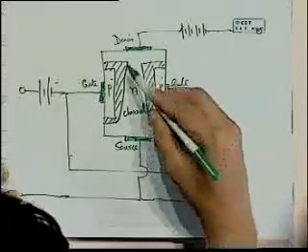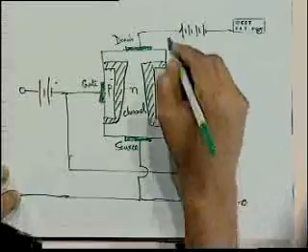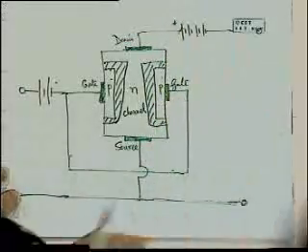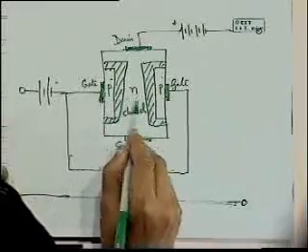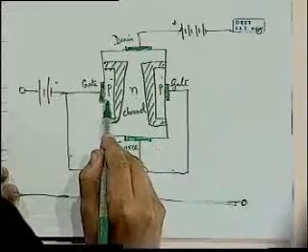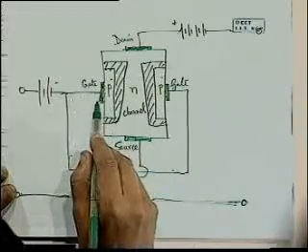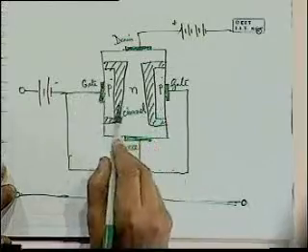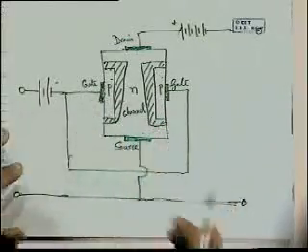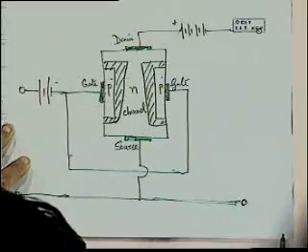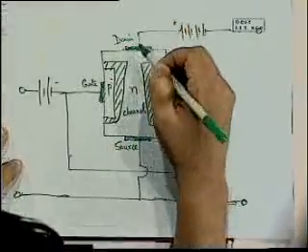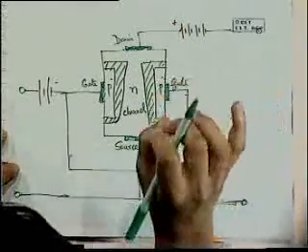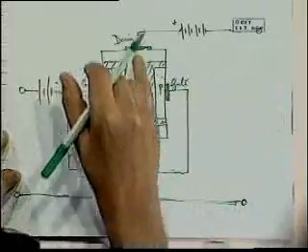So electrons will go from here to the drain, which is positively biased. But the channel is in between these two gate electrodes, and depending on what bias is applied to the gate electrode, the channel depletion layer width will change, and accordingly the channel width will change. As the depletion layers become larger or smaller, the channel for the electron flow from the source to the drain gets affected. That's the basis of this device: you control the flow from source to drain by simply controlling the gate voltage.